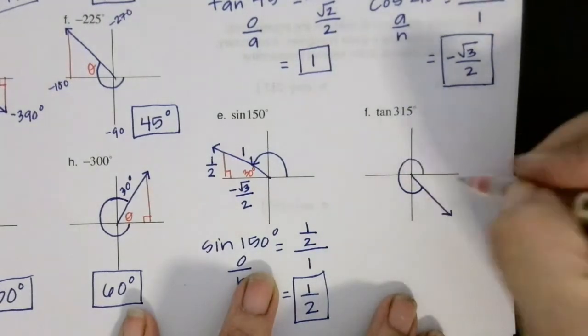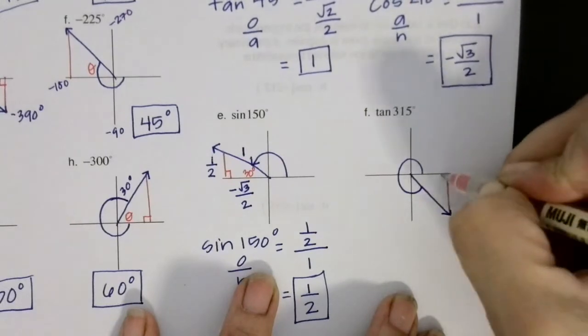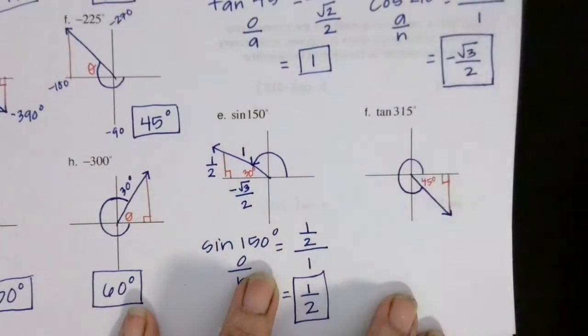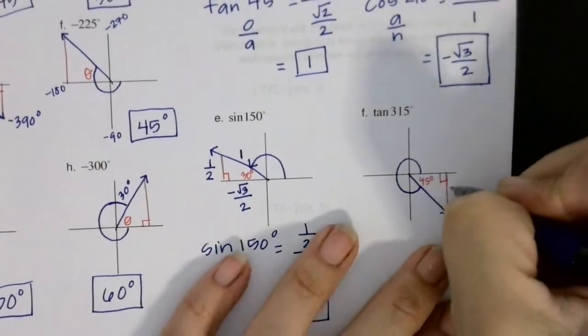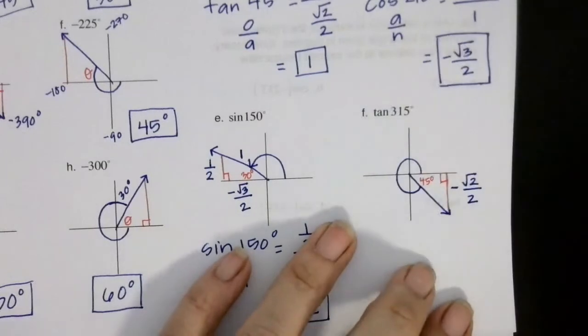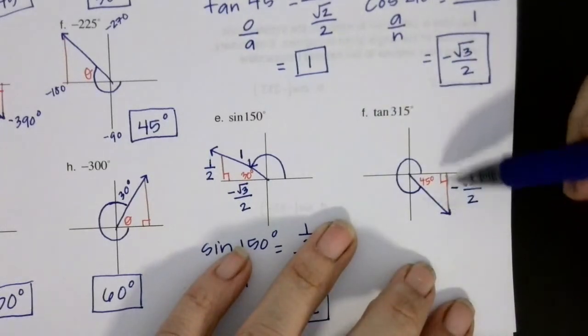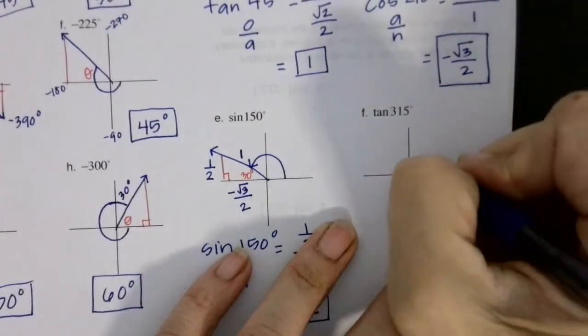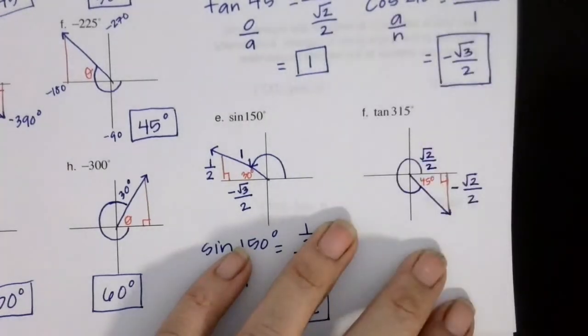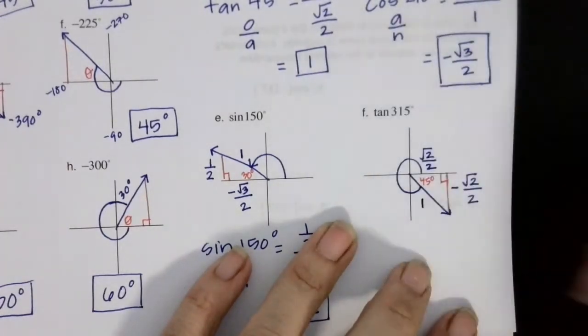So we are going to connect this to the x-axis, and there is our 45 degree reference angle. Opposite 45 in this particular triangle is negative root 2 over 2 because that side is below the x-axis. This one's not negative though because it's the x-axis, so that's positive, and that's 1.